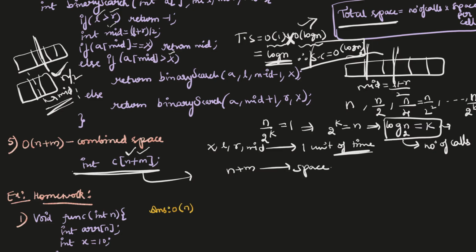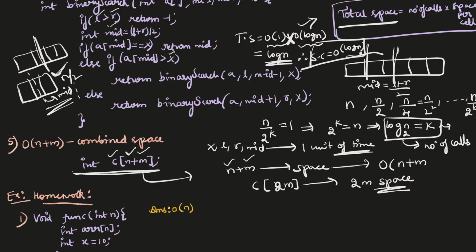In an array, suppose C is an array and you are having n is equal to m, then it is 2m. Then this C would have taken 2m space in an array. But now since both the variables are different, so this would take order of n plus m.